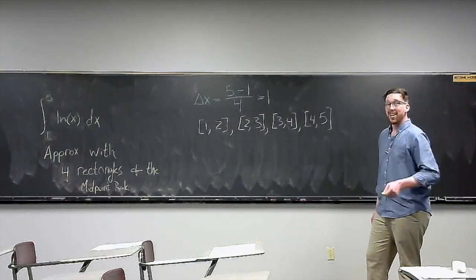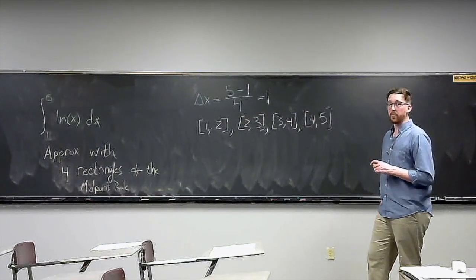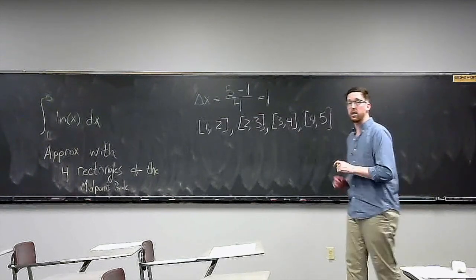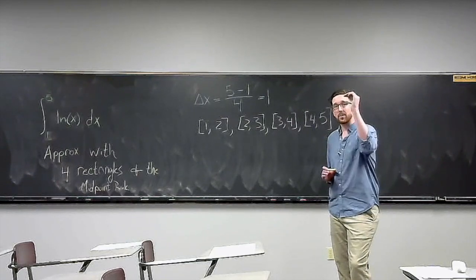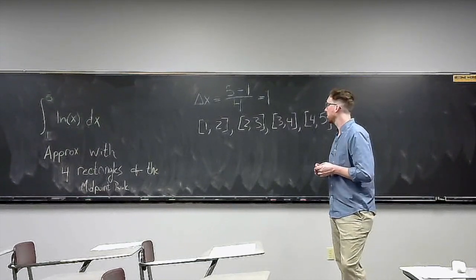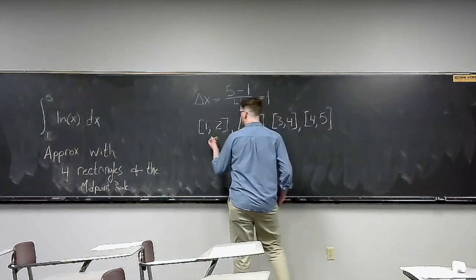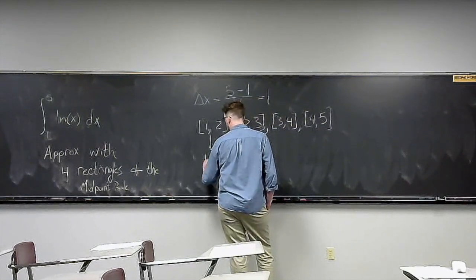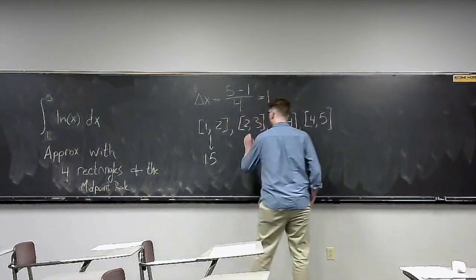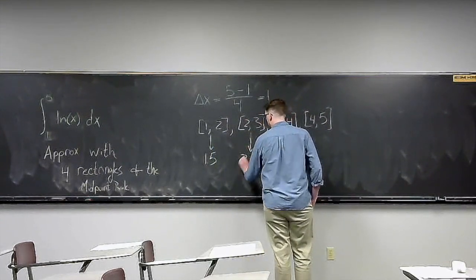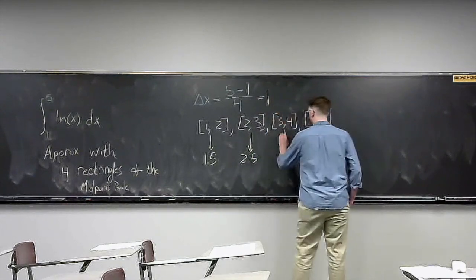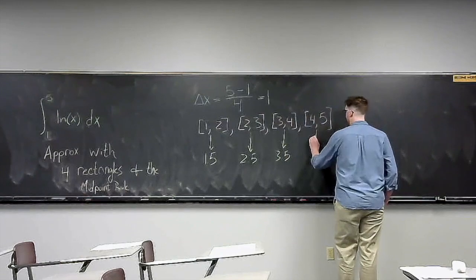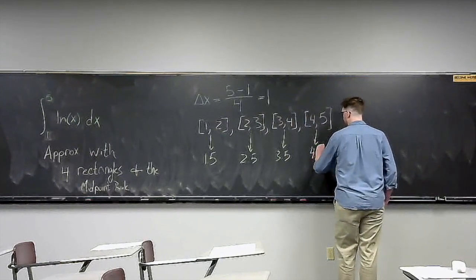Now we need to find the middle of each of those subintervals, because that is the x value we're going to use to find the height of our rectangles. Well, this first subinterval is going to have a midpoint at 1.5. The second one is going to be at 2.5, then at 3.5, and finally at 4.5.